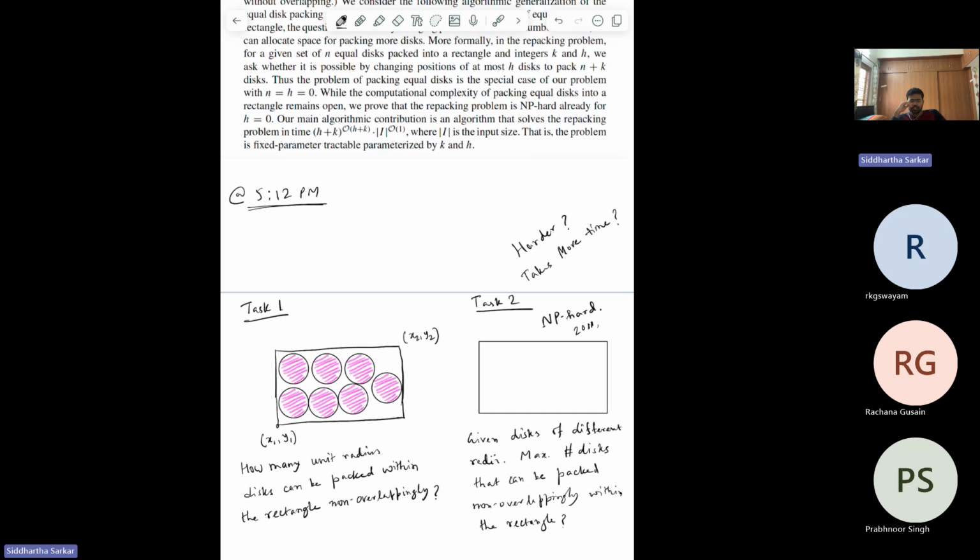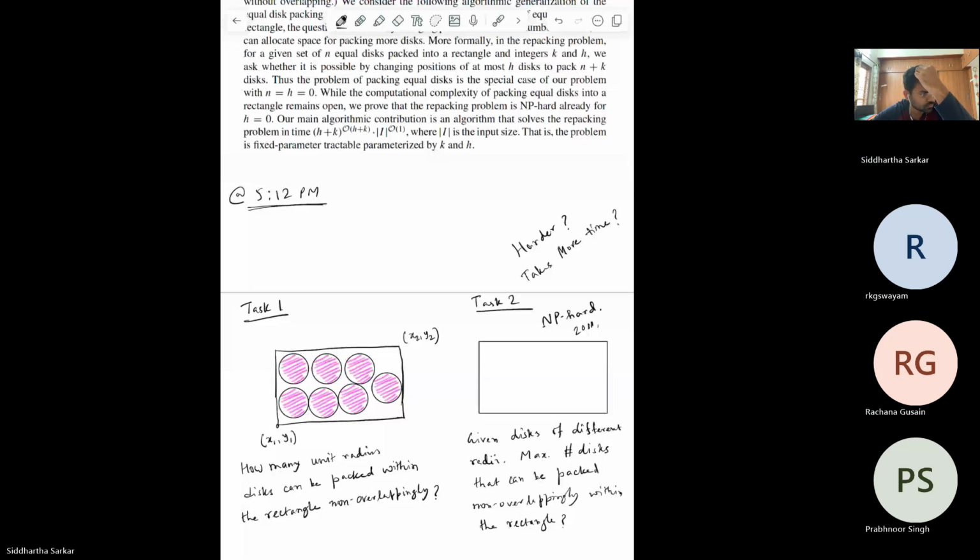Rachana knows this, I think. In 3 dimensions she might have read something. There are many conjectures out there in 3 and higher dimensions. Some of the packings are known, I don't know if they are known to be optimal, but they do provide a good packing.